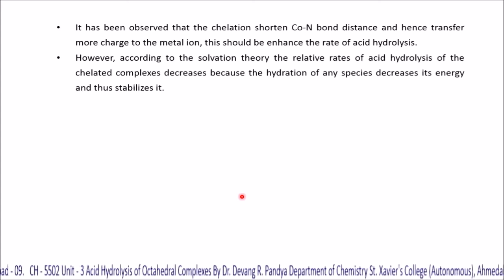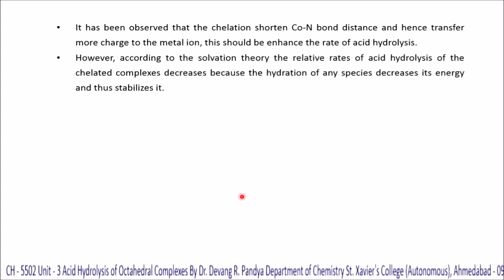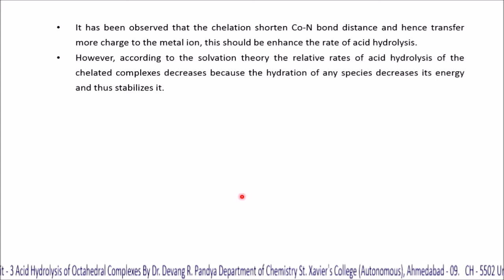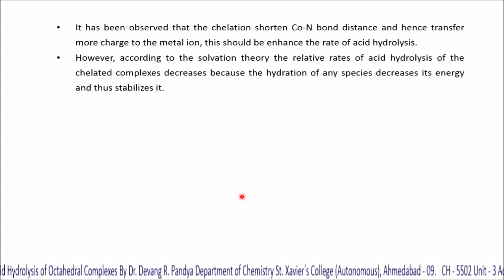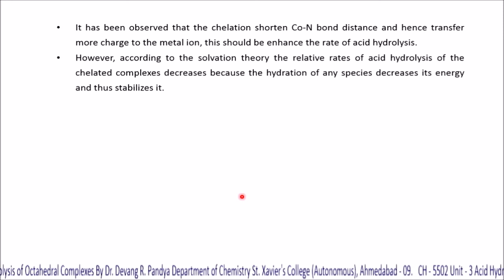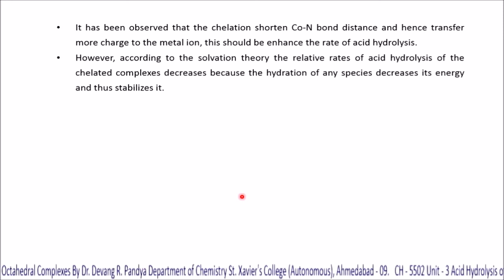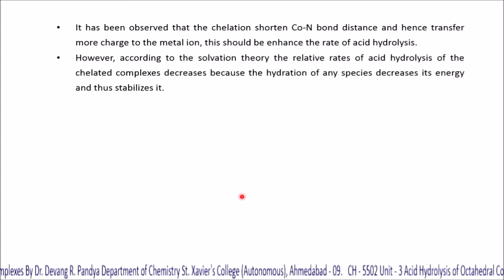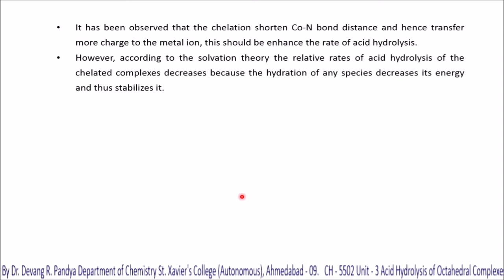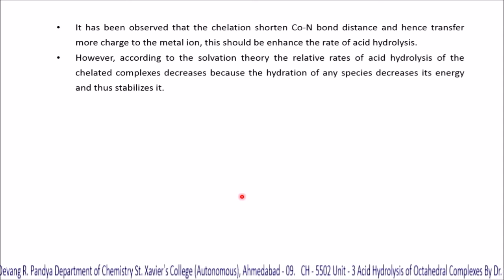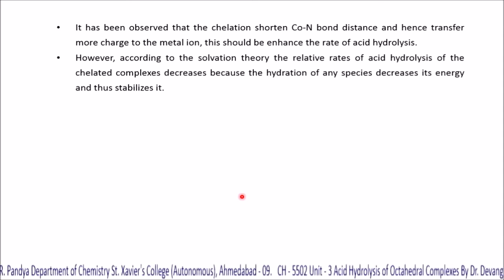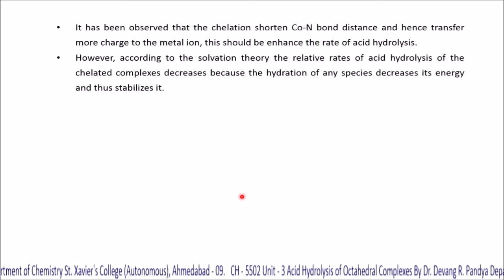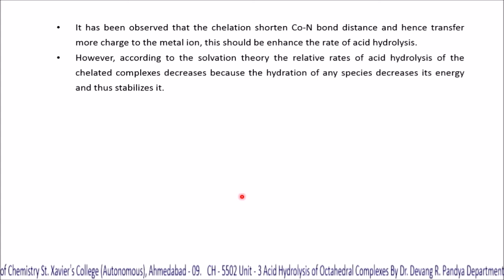It should increase, but it decreases, because hydration of any species decreases its energy and thus stabilizes it more, and as there is more stability, the ligand substitution reaction takes a little more time. We should get a faster reaction, because the metal-nitrogen bond is going to transfer more charge to the metal ion, so a leaving group like chloride, which is electronegative, should depart fast.